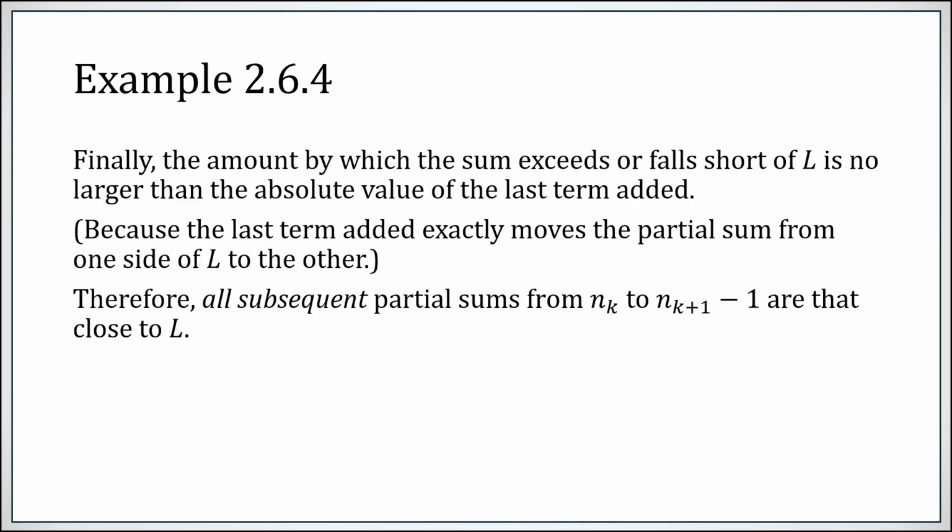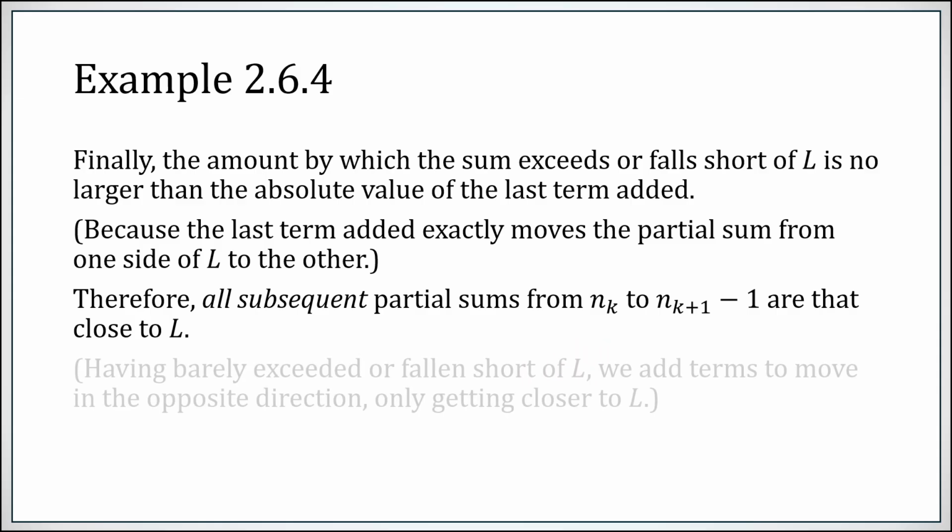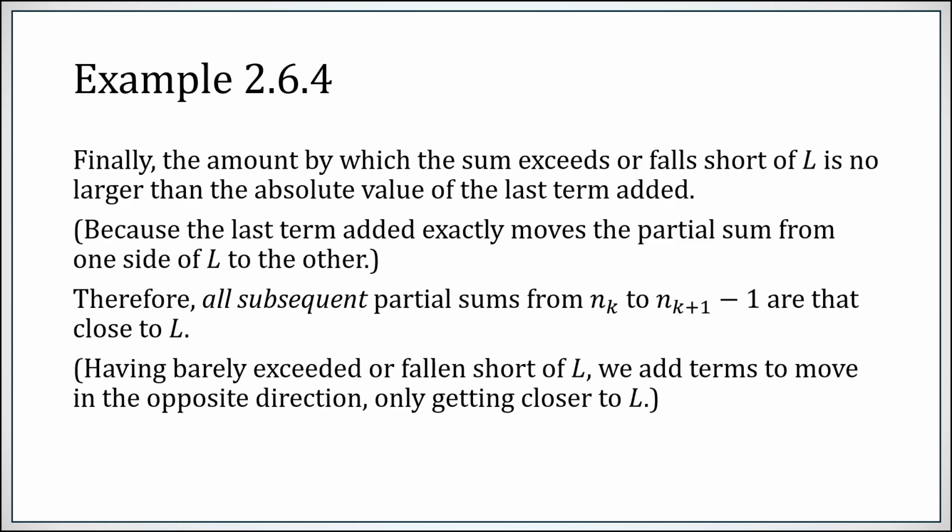So all subsequent partial sums are that close to L. We just barely went above L, then just barely went below it, and now we start going up. So I never go below that quantity again, and then I never go above, and I never go below, and so forth. So as close as we get to L at any particular step, we then stay that close.